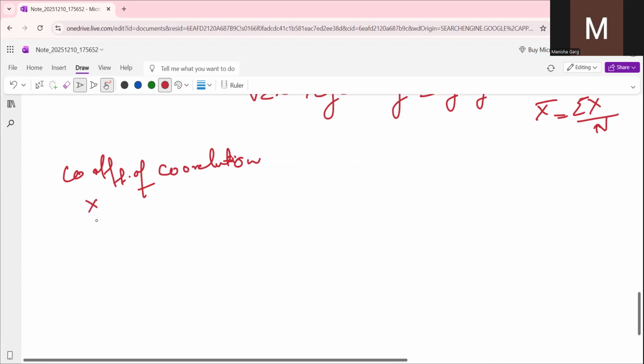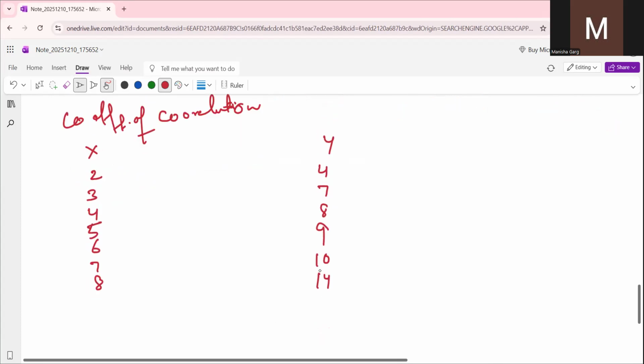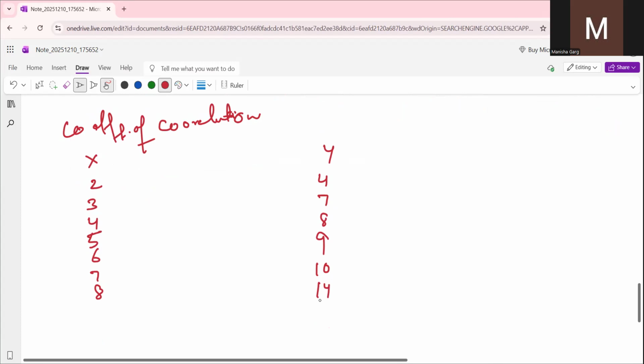The x series we have 2, 3, 4, 5, 6, 7 and 8. The y series we have 4, 7, 8, 9, 10, 14 and 18.